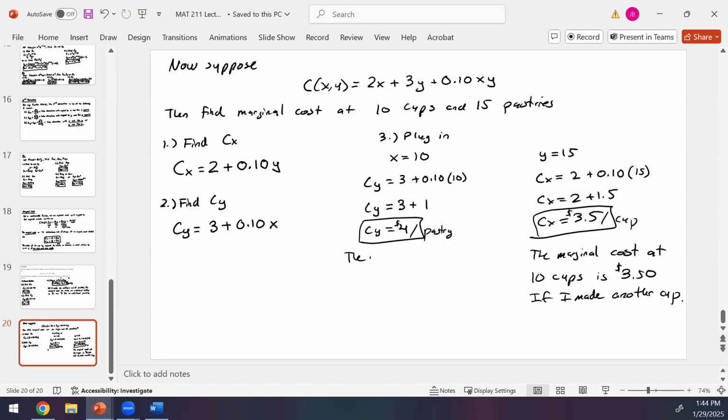And then here you would say the marginal cost at 15 pastries is $4 if I made one more pastry. And there you go. Or you could just combine it all into one sentence, right? The marginal cost at 10 cups and 15 pastries would be this one and this one if I made one more of that, right? And there it is.